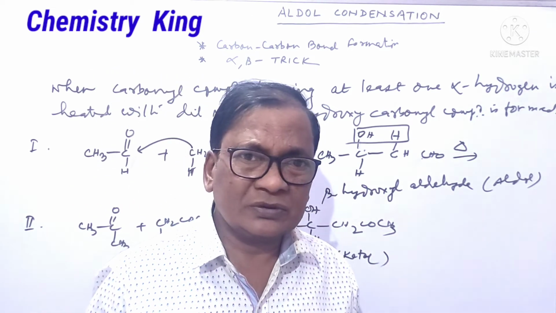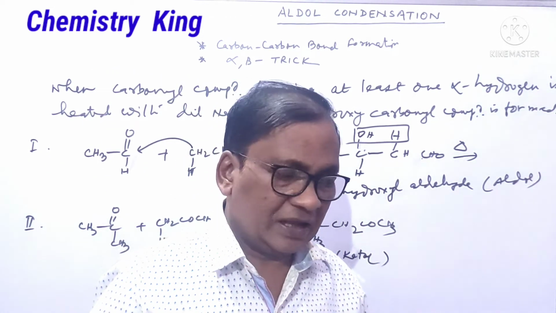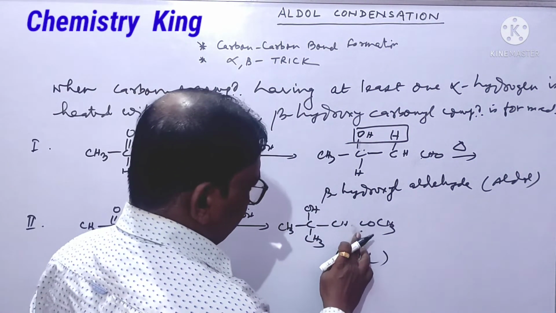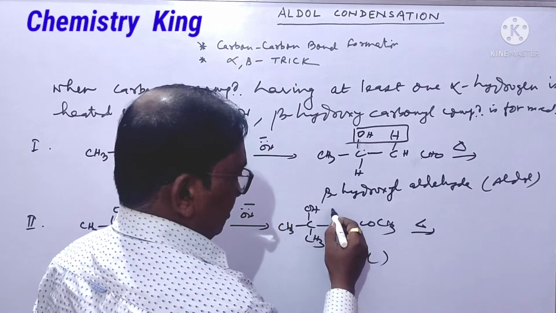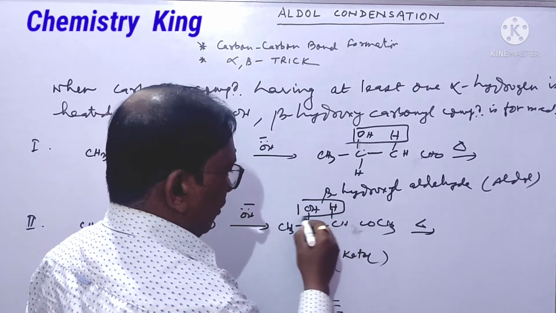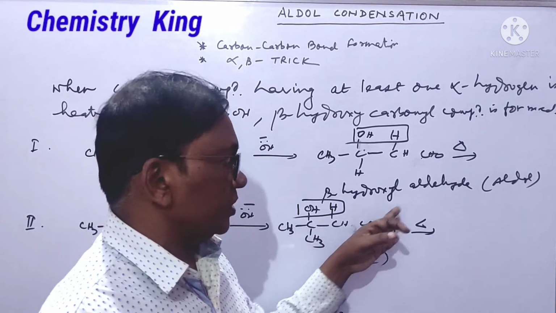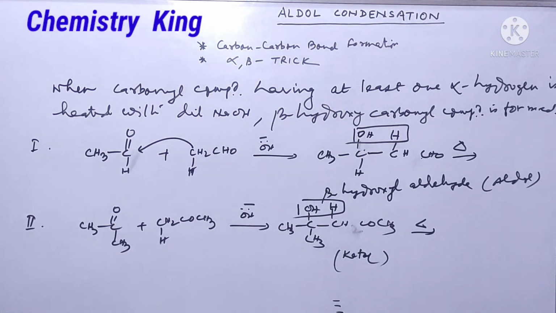What happens here happens at alpha beta. In the similar fashion, if at high temperature, double bond formation takes place. Alpha beta unsaturated ketone, it is alpha beta unsaturated aldehyde.